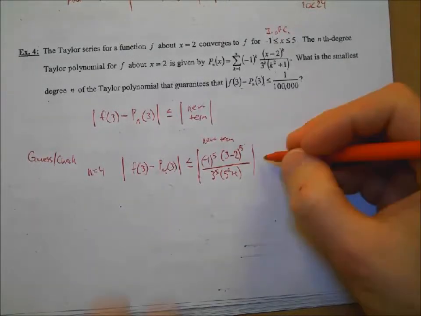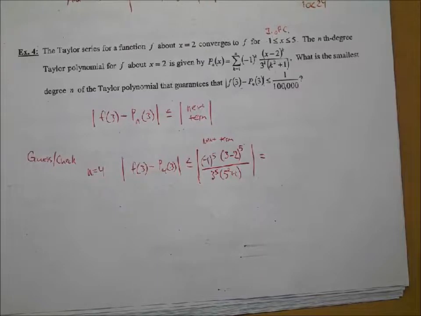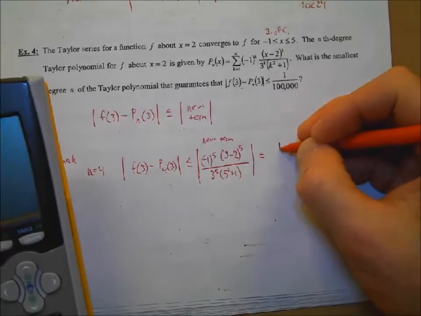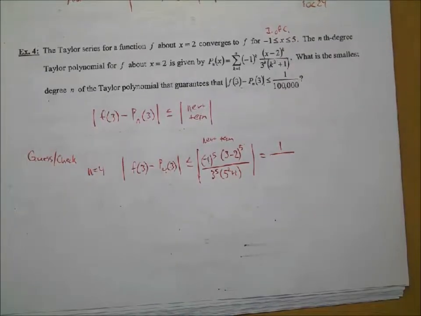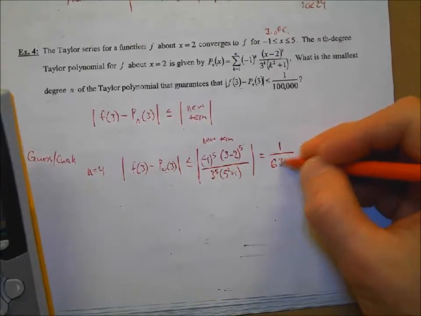We're going to type this mess in our calculators. It's very clear that we get 1 in the numerator, but then whatever that 3 to the 5th is. Okay, so we get 1 over 6,318.